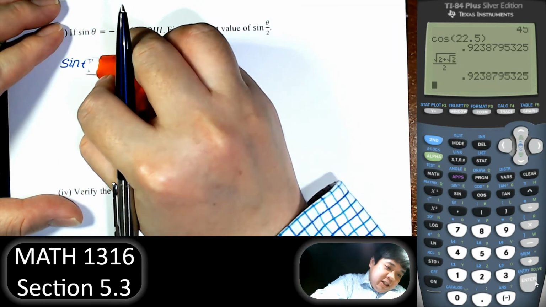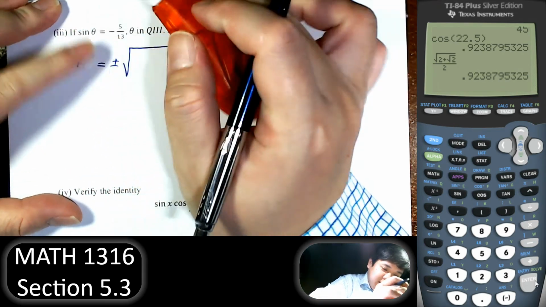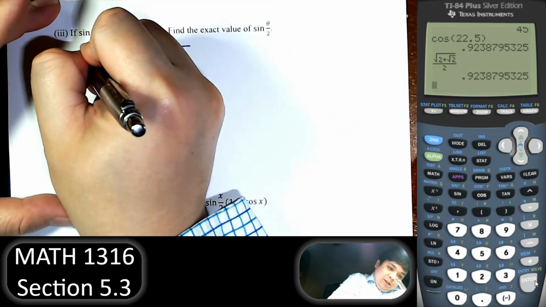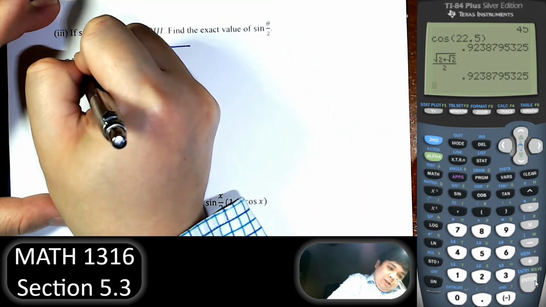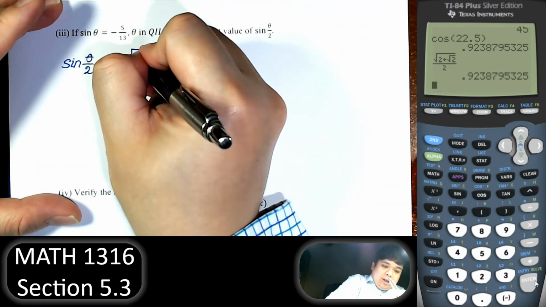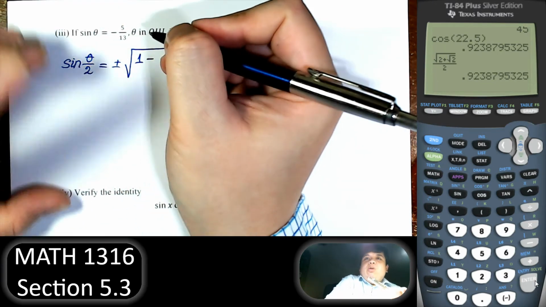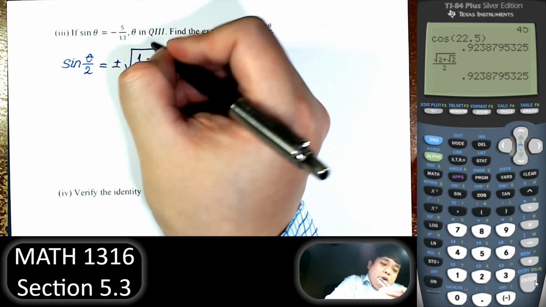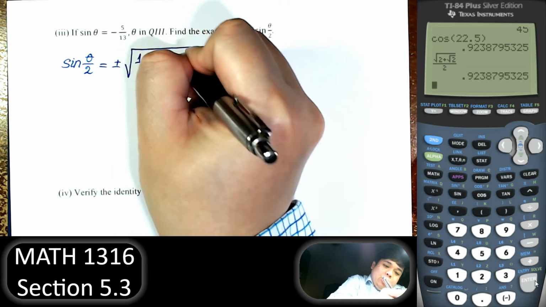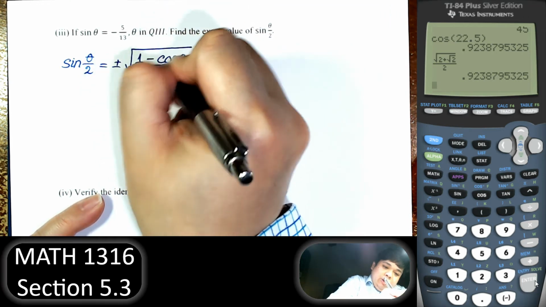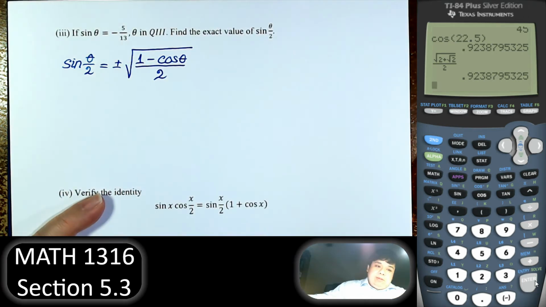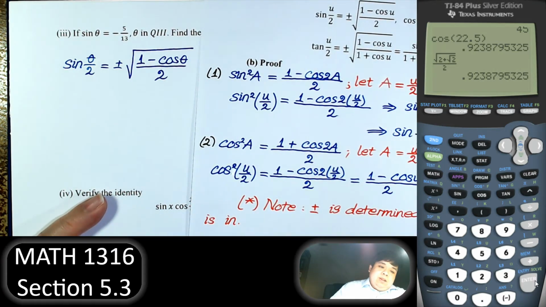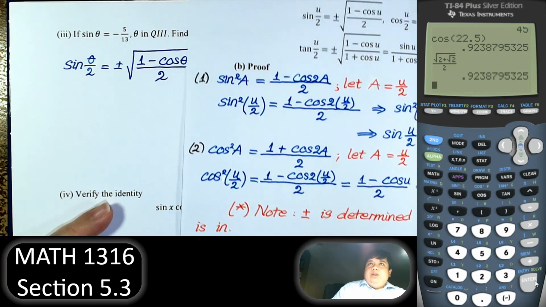Yeah, this is derived from the power reducing formula. Now we use theta instead of u.